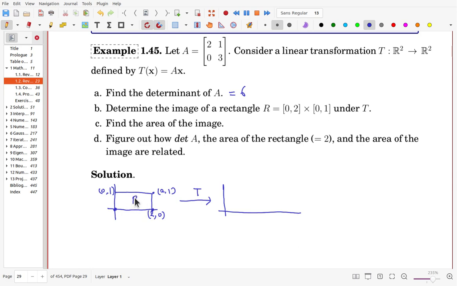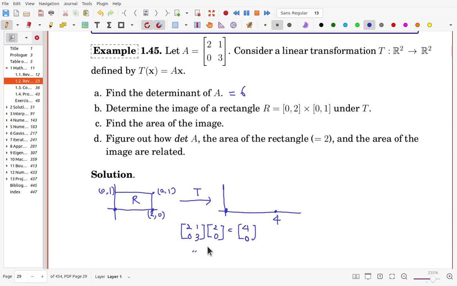Okay, 0, 0 will go to 0, 0. Now how about 2, 0? A is 2, 1, 0, and 3, and the image of this point will be 4 and 0. So that's 4, the image of this point. How about this point?